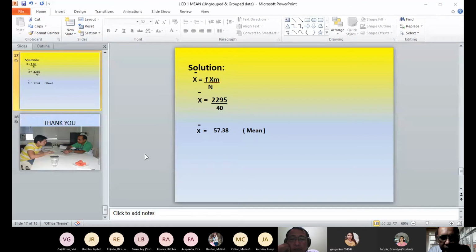Most especially in SPSS, which I will share with you after this computation on MCT, Measures of Central Tendency. Meaning, with SPSS or our software, or even if we use Excel to compute the result, we no longer use grouped data. All is ungrouped data.